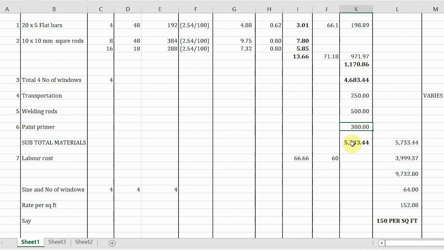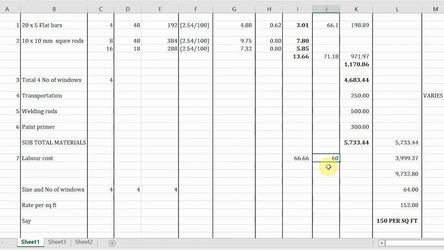So the subtotal is 5733 rupees for the materials for the window grills, and the labor cost is per square feet. They are going to charge on a 60 rupees basis, per square feet or per kilo basis also.